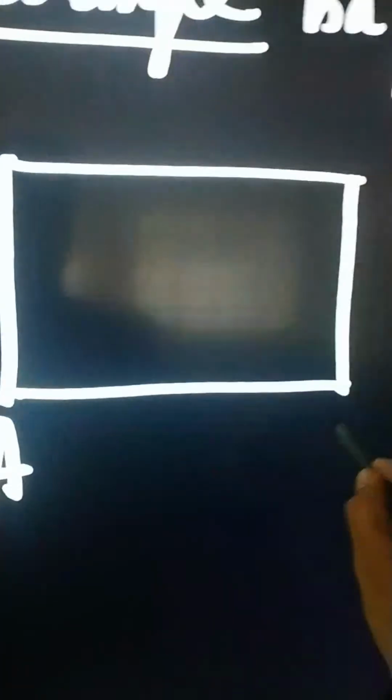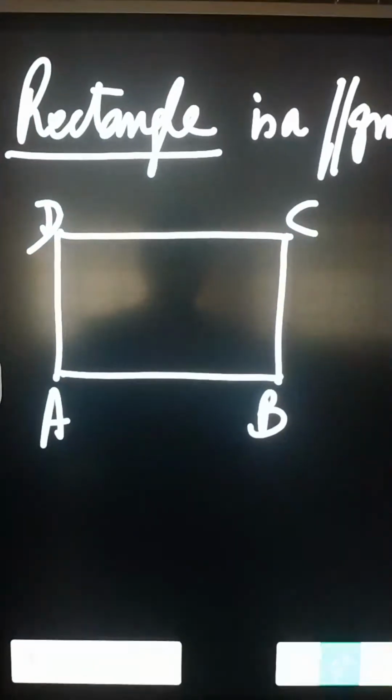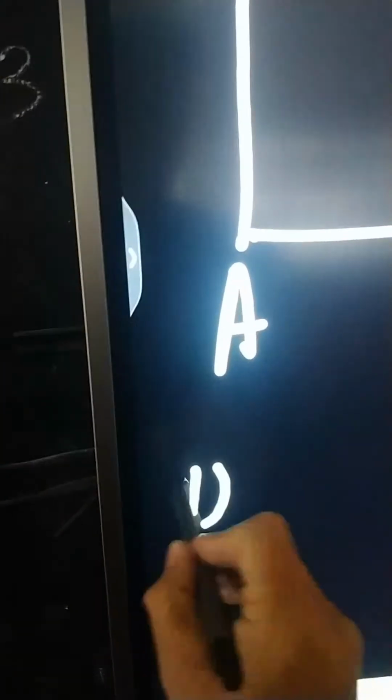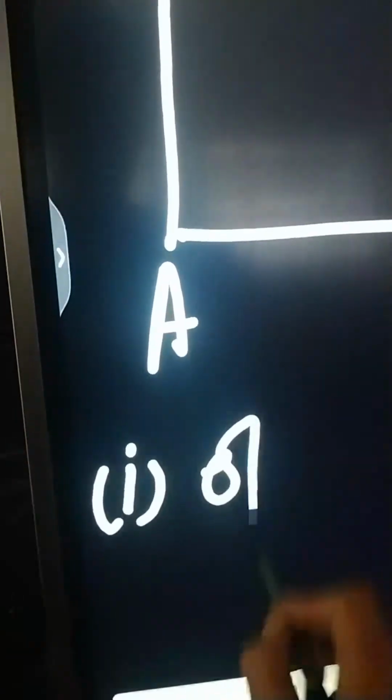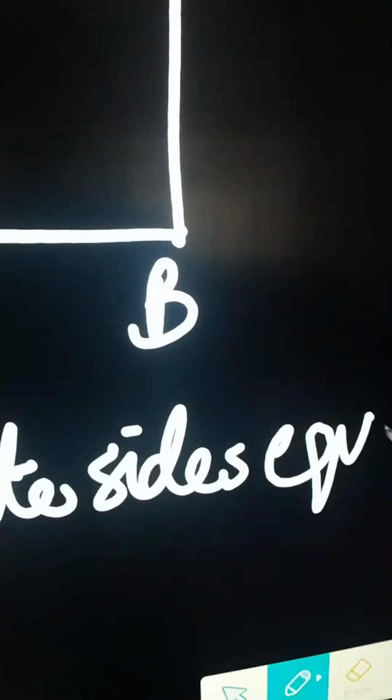If ABCD is a parallelogram and is a rectangle, what is the property of a rectangle? The first property is that its opposite sides are equal.